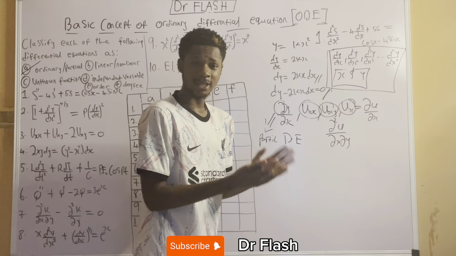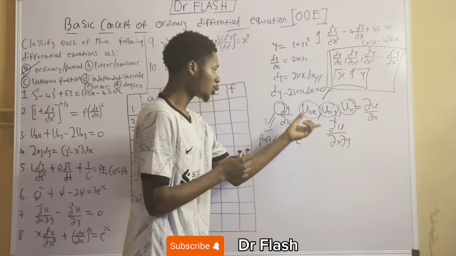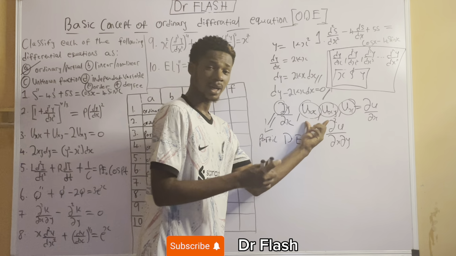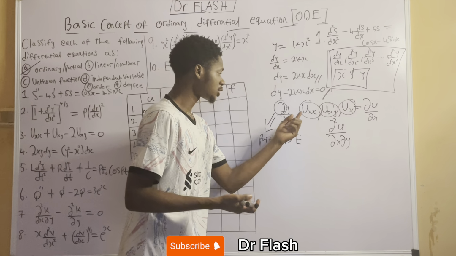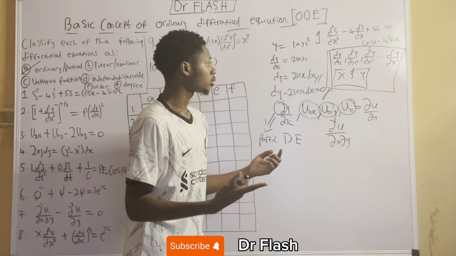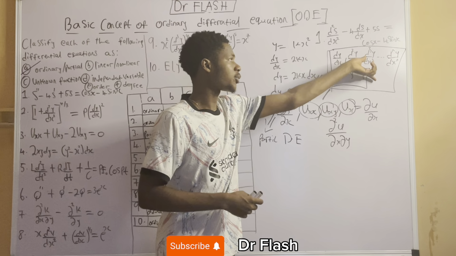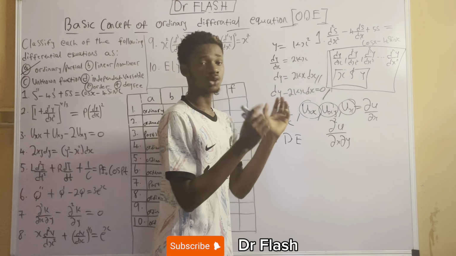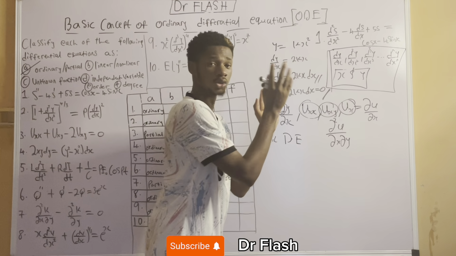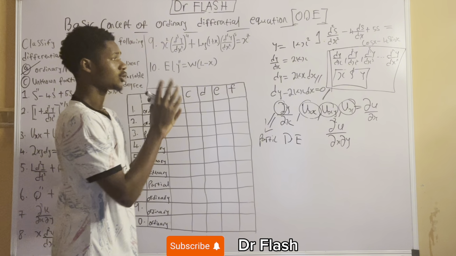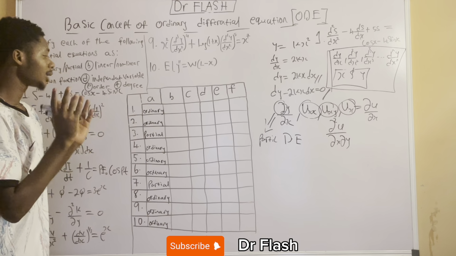Otherwise they become linear. Just the same way we use this definition in identifying an ordinary differential equation. So if it is not partial, definitely it is ordinary. Now I'm going to make use of some examples to simplify the definition that I just gave, or the shortcut to ask whether an equation is linear or non-linear.